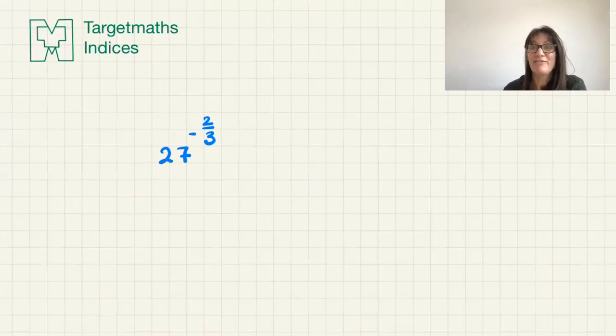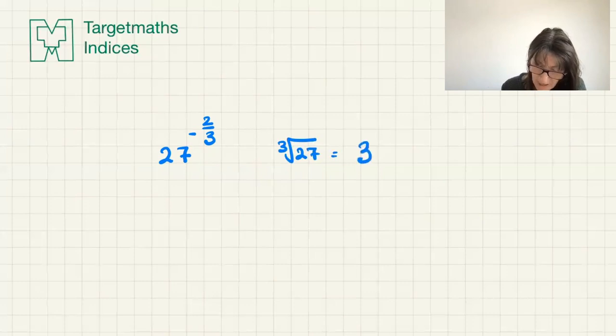Okay, we kind of got everything happening in this one, haven't we? I'm going to ignore the negative fact until the very end. What I'm going to do is just go through the process in the order that I've been doing it in, because it is the easiest way to approach it. So the first thing that I am going to do is cube root 27, which will give me 3. I've then still got the minus and I've still got the 2.